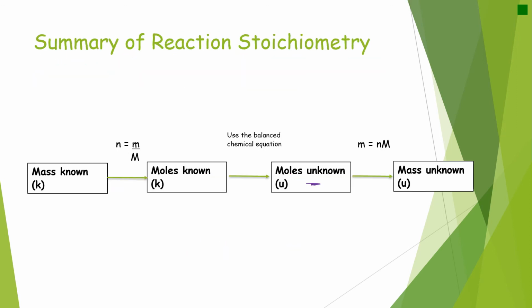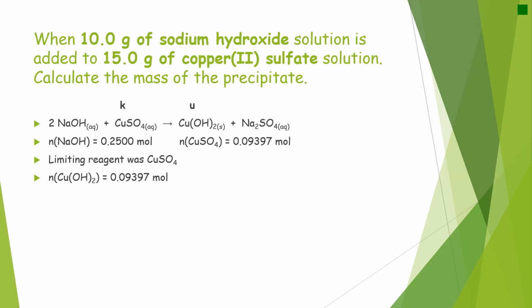So we've got the moles of the unknown, and now we just need to find the mass of the unknown. And we do that by using mass equals number of moles times formula mass. Now we're ready to find the mass of copper hydroxide. So the number of moles is 0.09397.